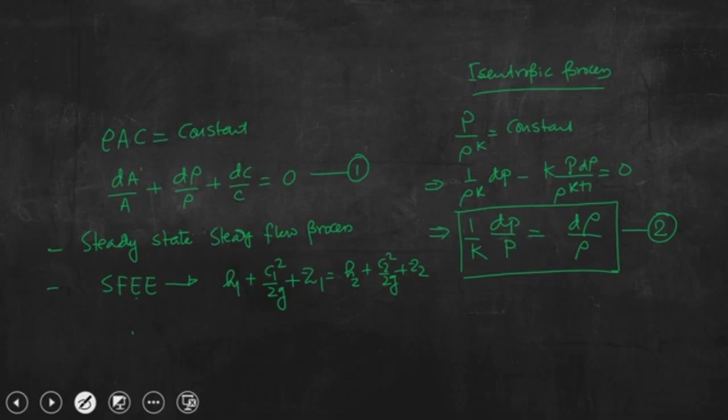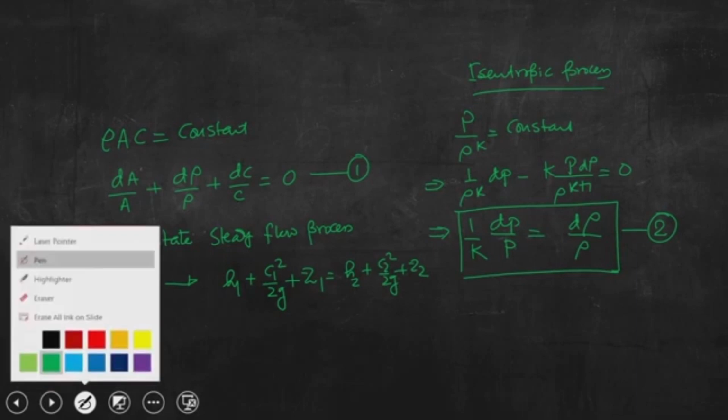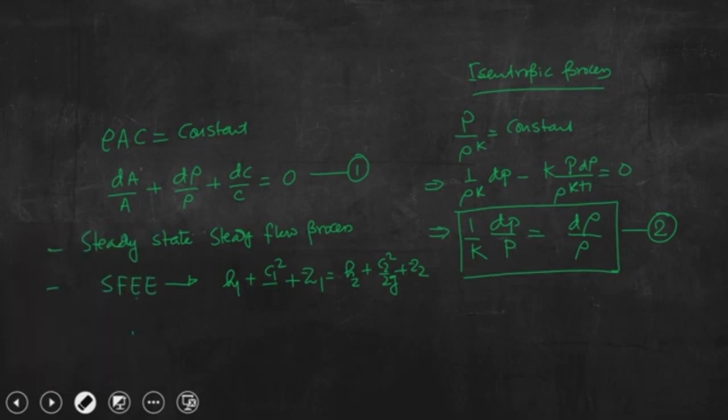H1 plus C1 square by 2 plus GZ1 equal to H2 plus C2 square by 2 plus GZ2, sorry. So, this is the equation.